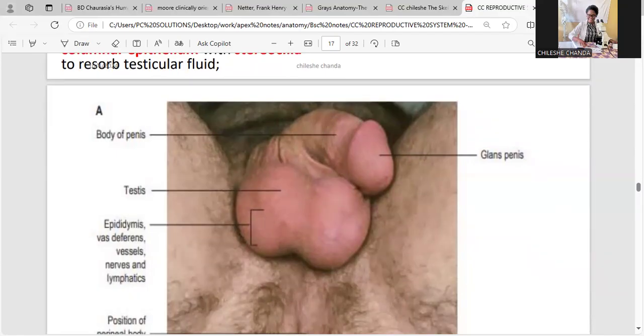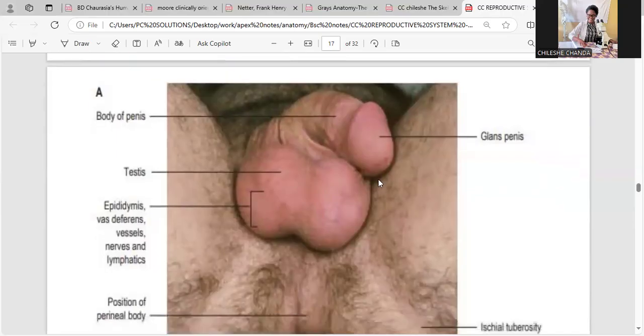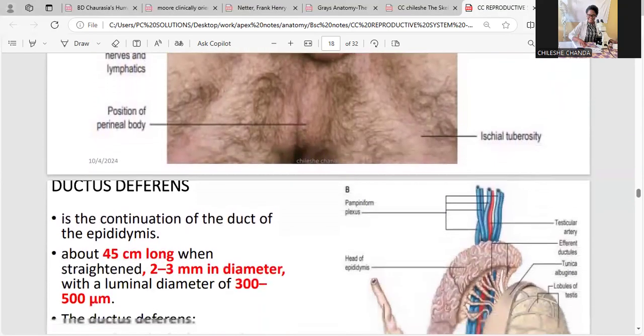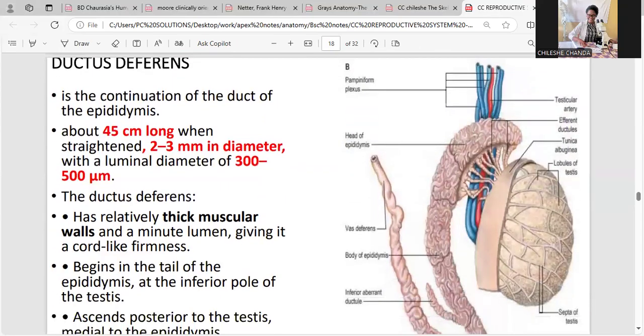And then we have this diagram here, where you'll be able to see nicely the demarcation of where the testis is and where the epididymis is. So that is how that is structured.